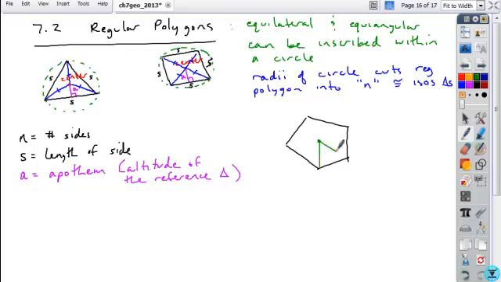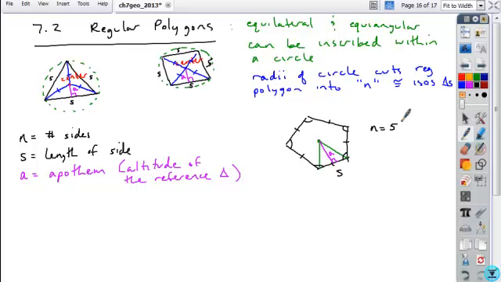So if you draw in just one of the congruent isosceles triangles, again, assuming this is regular, all sides are equal, all angles are equal. Now, this little reference triangle right here is going to have an altitude or apothem measure of A. The length of each side is s, and the number of sides for this one would be 5. And so those are the pieces of information you need to know regarding these polygons.